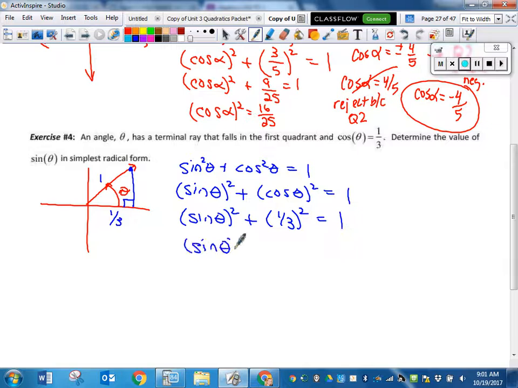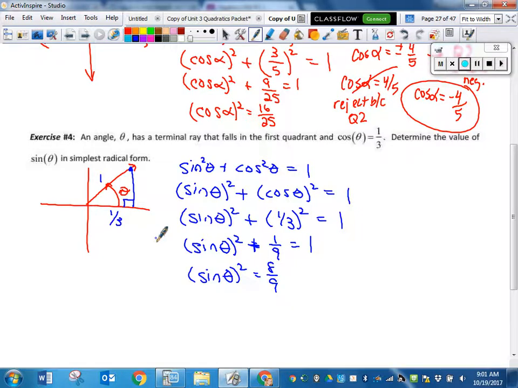Sine theta squared plus 1/9 equals 1. Subtract 1/9 and bring it over, and I know that sine theta squared equals 8/9. So you do that in your calculator, 1 minus 1/9, use your fraction key.